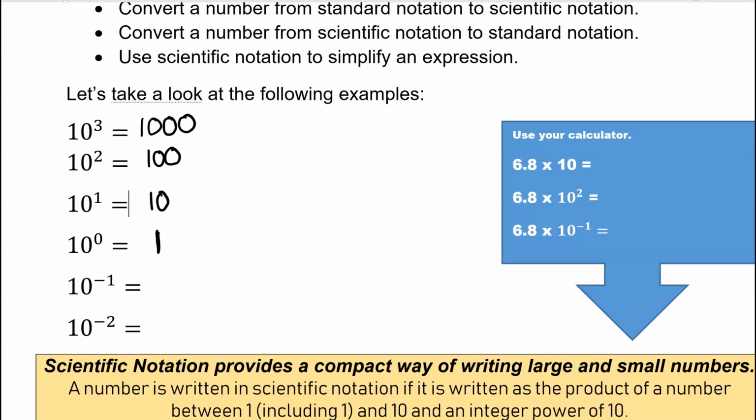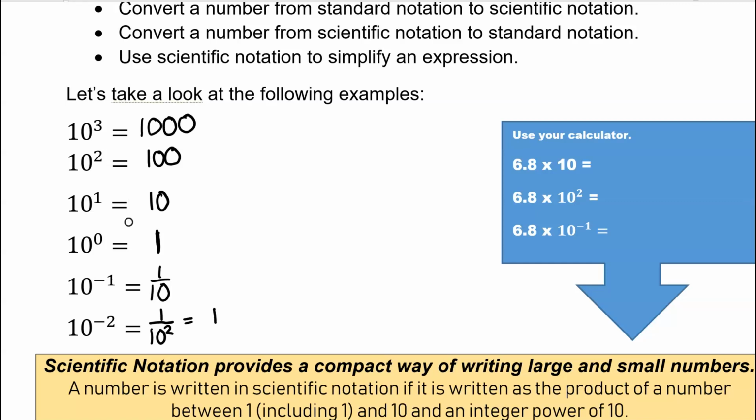Now, what is 10 to the negative 1? If we divide 1 by 10, we will get 1 over 10. And 10 to the negative 1 is 1 over 10. 10 to the negative 2 is 1 over 10 squared, right? Because these are negative exponents, we take that base to the denominator to change the sign of that exponent.